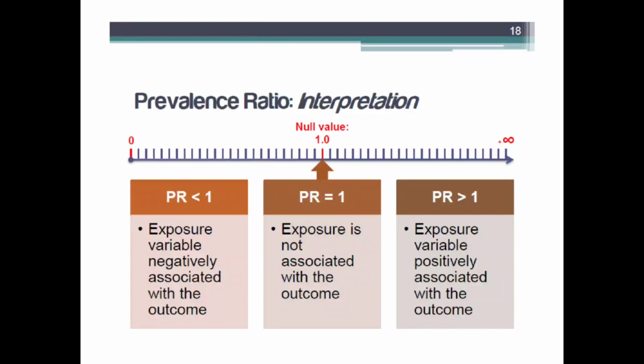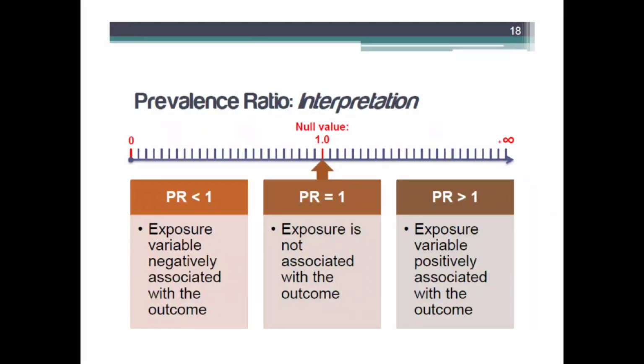Ibig sabihin, indirectly proportional sila. Pag tumataas yung exposure variable, bumababa yung disease occurrence. Pag bumababa yung exposure variable, tumataas yung disease occurrence. Negatively associated.